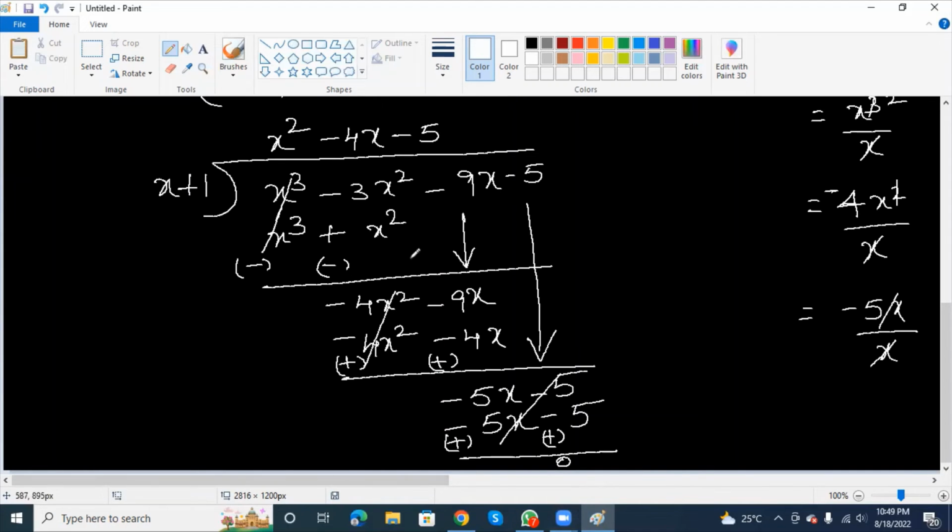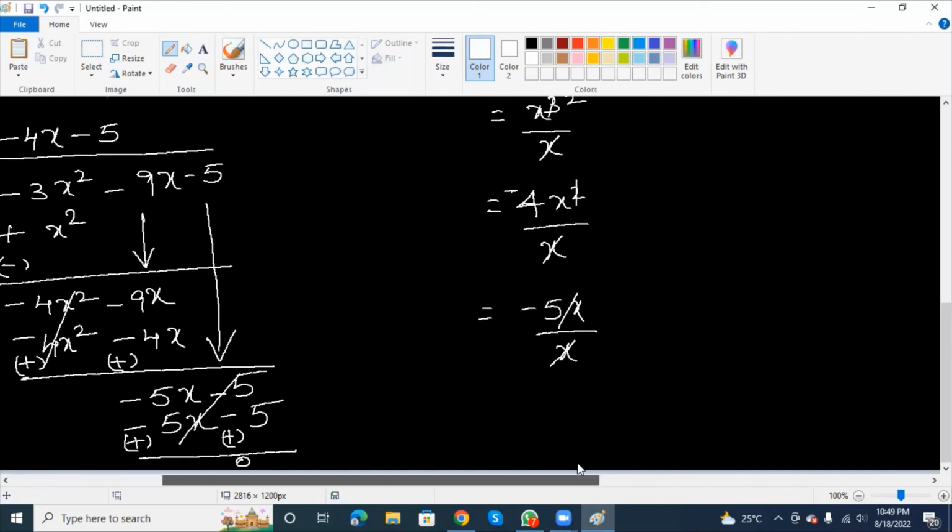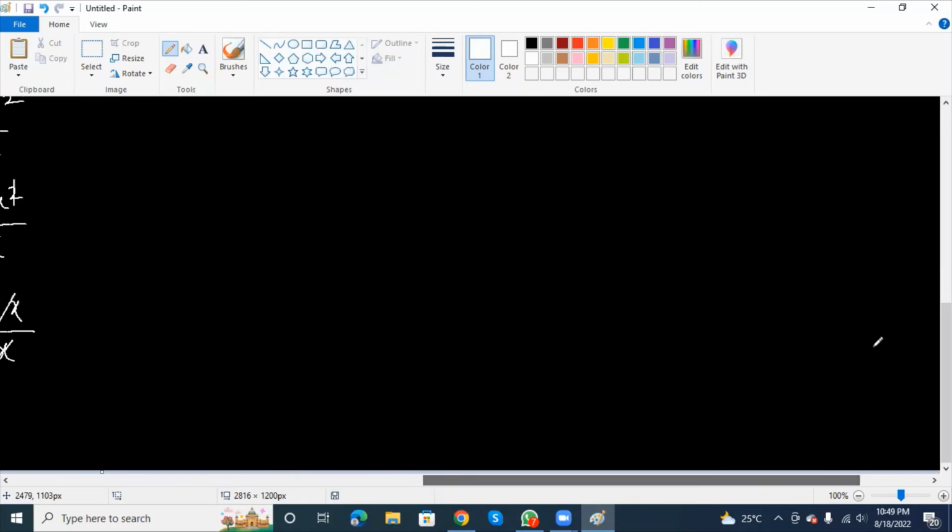So when we divide the given polynomial with the linear polynomial, we get a quadratic polynomial as a quotient. Now we need to take down both the factors, x plus 1, I'm writing here.